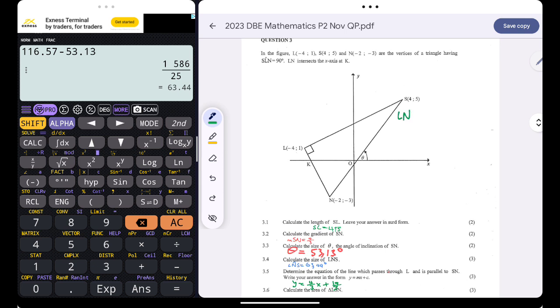Simply take LN is equal to the square root of, use the distance formula, x2 minus x1 all squared plus y2 minus y1 all squared, right?